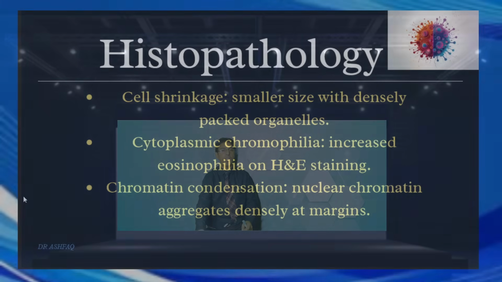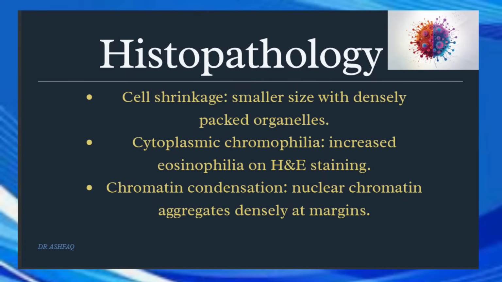So, what distinguishes apoptosis from normal inflammation or necrosis? As is evident, there is cell shrinkage, which is very important. That means the cell decreases in size, and along with the decrease in cell size, the organelles packed within the cell get condensed.